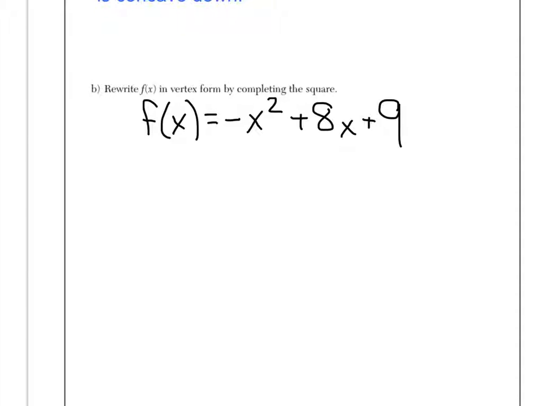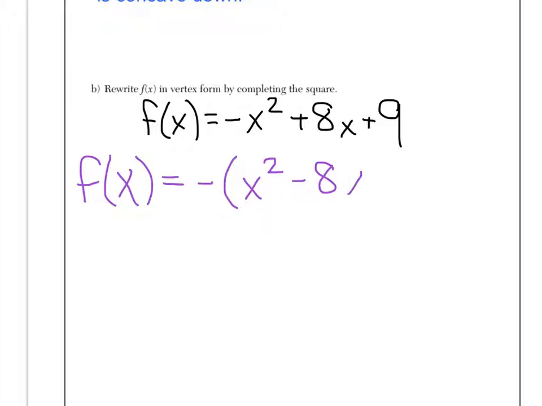Remember, the first thing that we'll do is factor out the negative that's in front of the x squared from the first two terms only. Because that plus 9 is an afterthought that we talk about at the end.